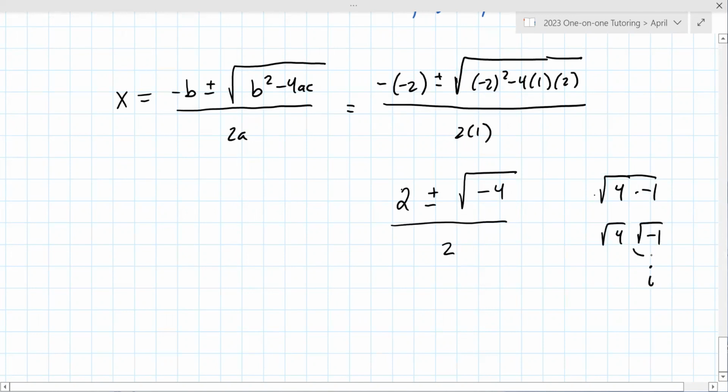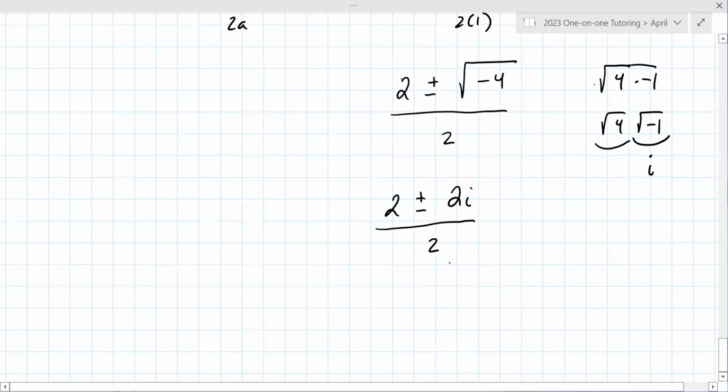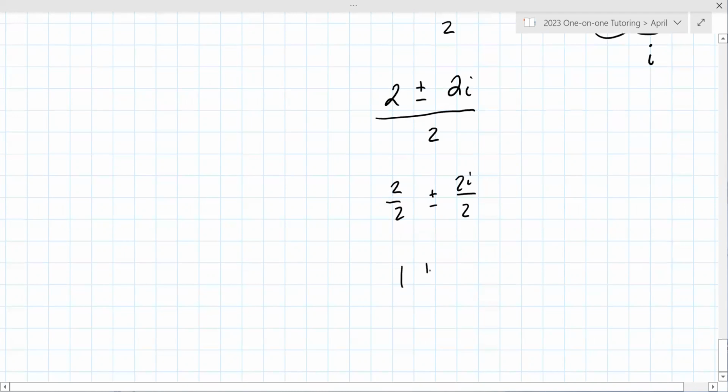The i comes from the square root of -1, but the square root of 4 is a known value. And that's 2. So this whole thing is 2i all over 2. Okay, we're almost there. And then you have to divide each of these by 2. So it's 2 over 2, 2i over 2, 1 plus or minus i.